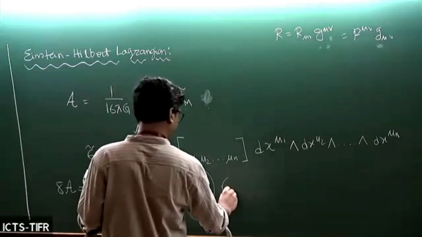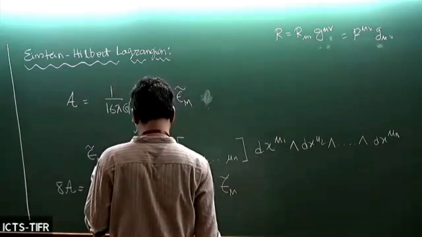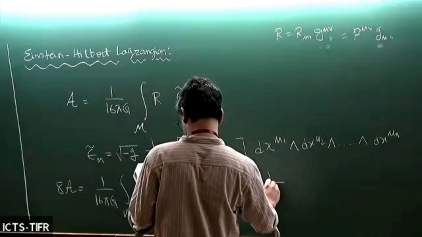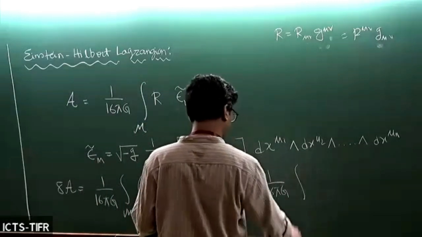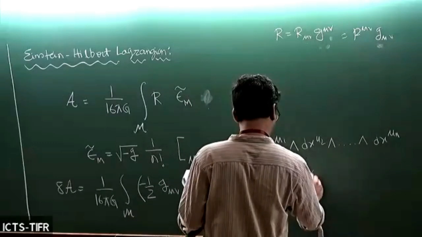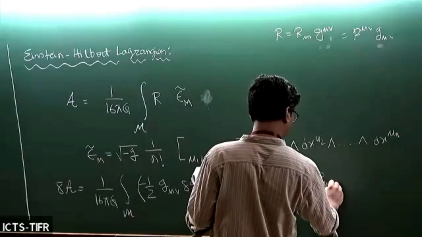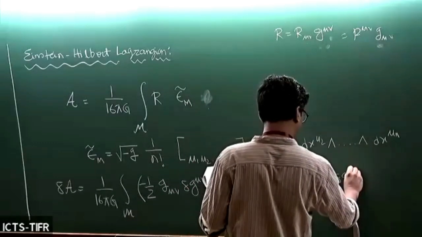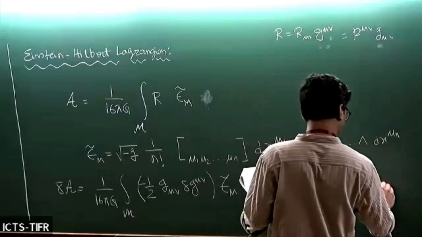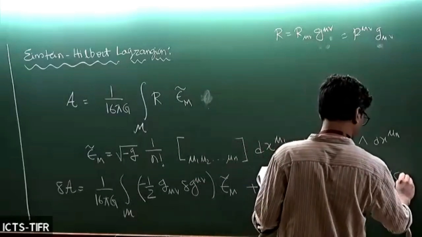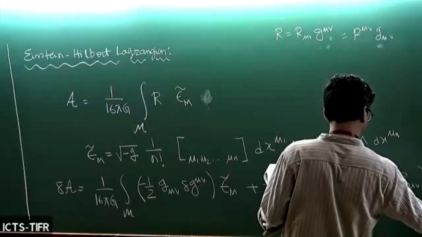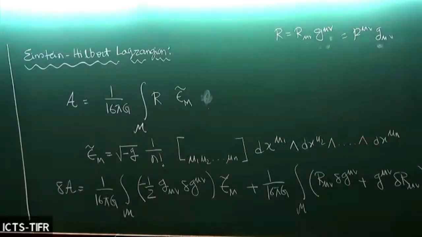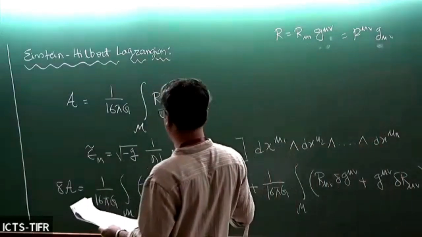But then the actual interesting stuff, again, variation of a manifold: I'll have R mu nu delta g mu nu plus g mu nu delta R mu nu. Agreed? There is this structure already there.